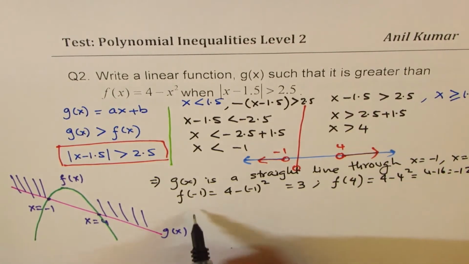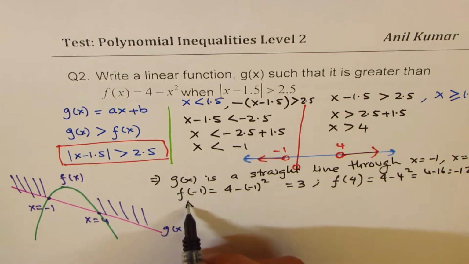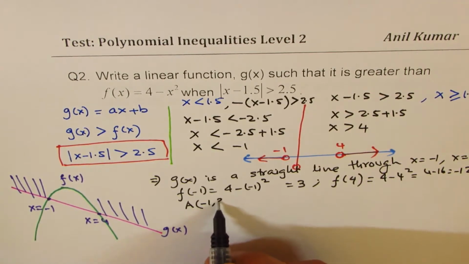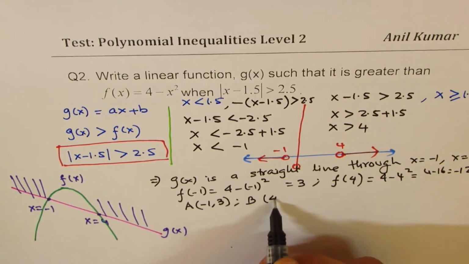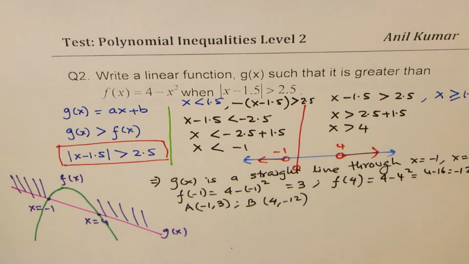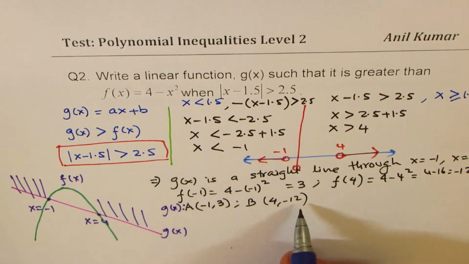So that means g of x passes through point A, which is minus 1, 3, and B, which is 4, minus 12, right? So that is how you're getting the line, correct? So we are saying that g of x is a line which goes through these two points.